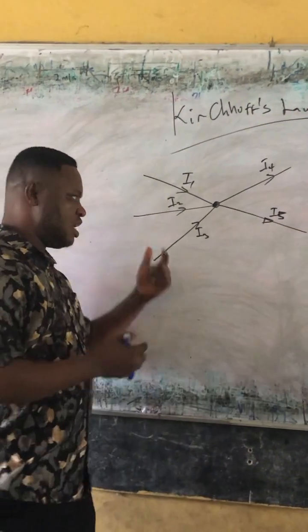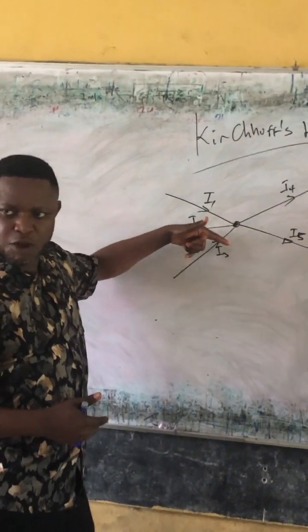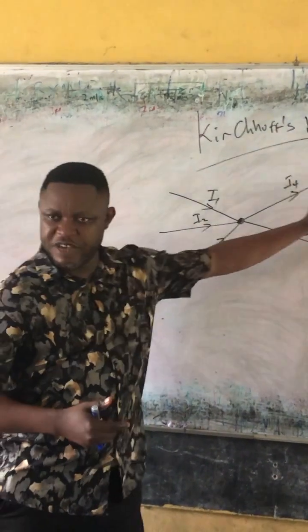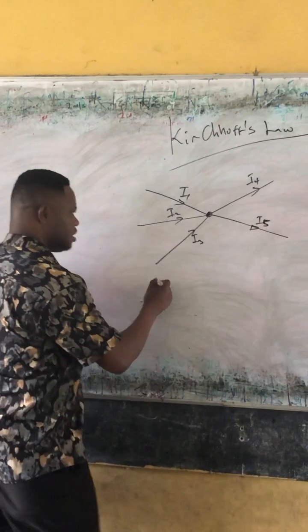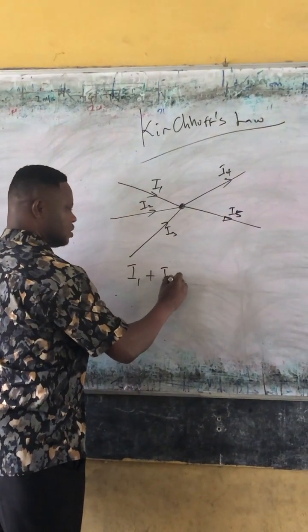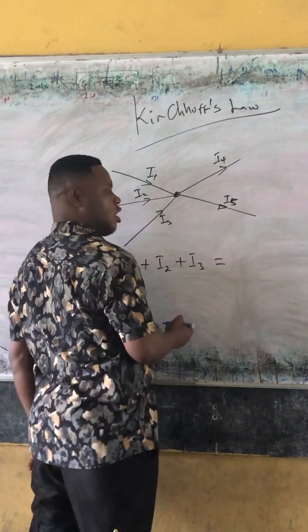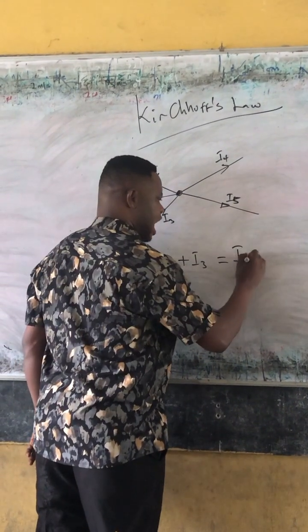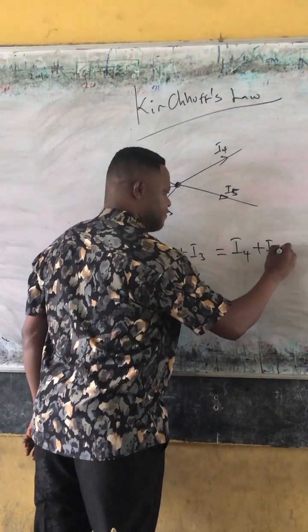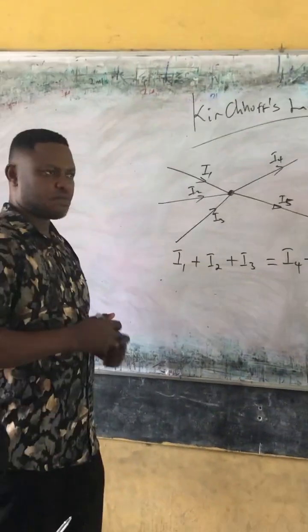The law says that the sum of current entering a junction must equal the sum of current leaving the junction. So can we now say that I1 plus I2 plus I3 must equal the current leaving, which is I4 plus I5? Equation 1. That's Kirchhoff's current law.